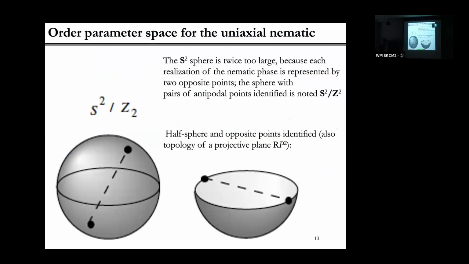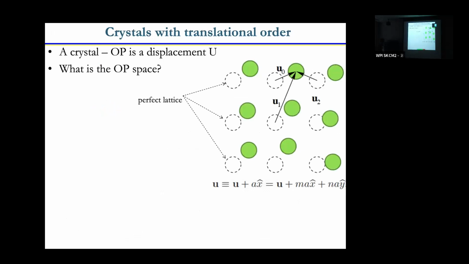So again, we can present this order parameter space in different ways, but the important thing is it's a unit sphere with diametrically opposite points identified. And if you visualize it as a hemisphere on the equatorial plane, you need to identify the diametrically opposite points.